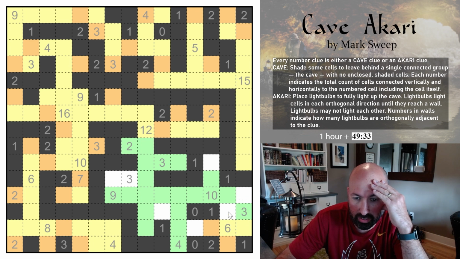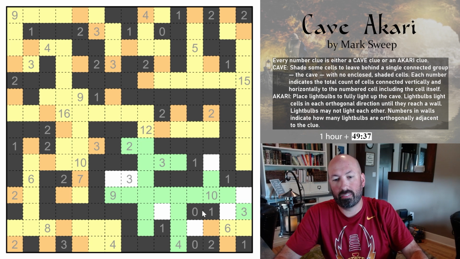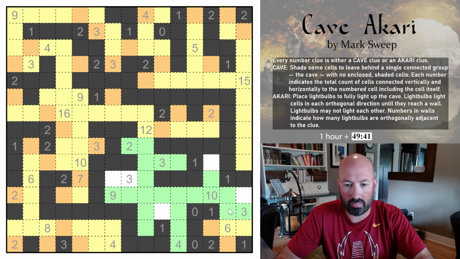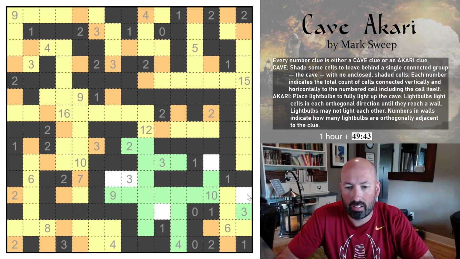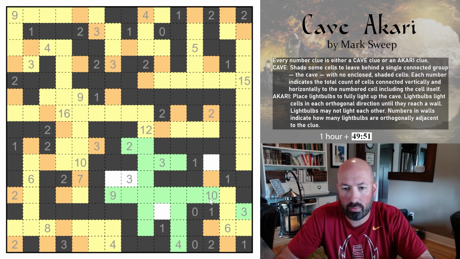One of those is cave and one is... Oh, of course. This wall piece right here has to connect to the edge of the grid, so it has to come down there, which is going to give us that. These are lit. Now we have 3, so that has to be wall. The light for the 1 has to go there, which is going to light this. Now the light for this one has to go there.